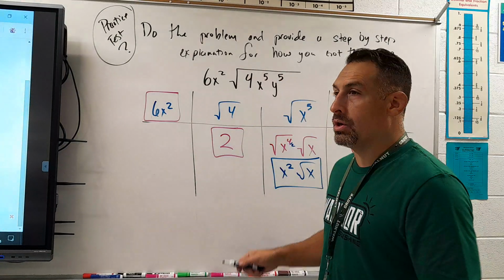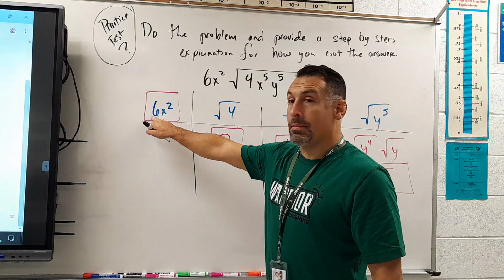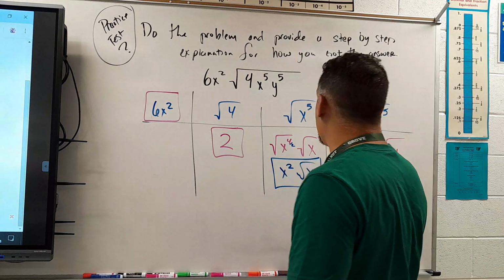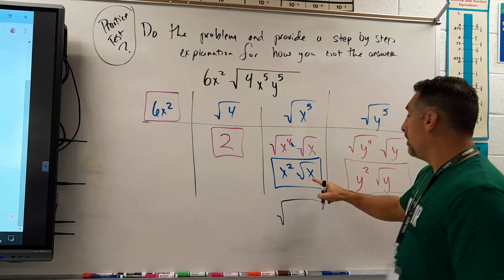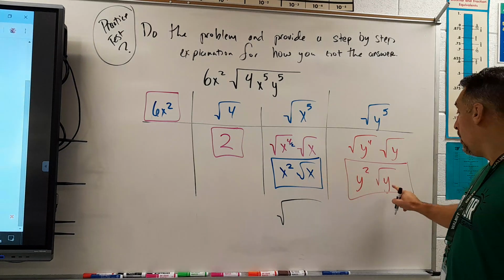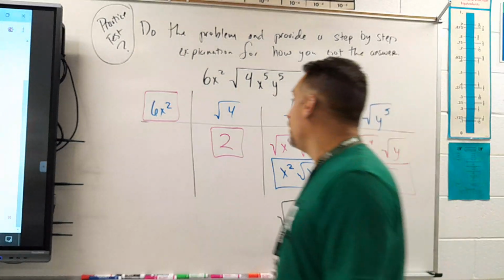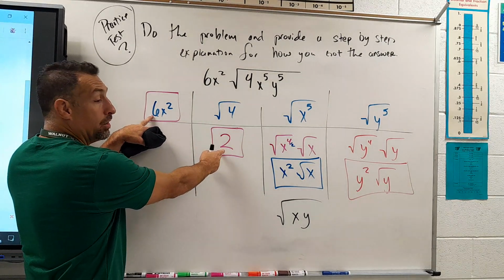Okay, so let's look here. Now we're putting it all together. You've got a normal answer, and some of the things are in radicals. The x and the y are all we have under the radical in our answer. Numbers wise, we multiply the numbers and we get 12.